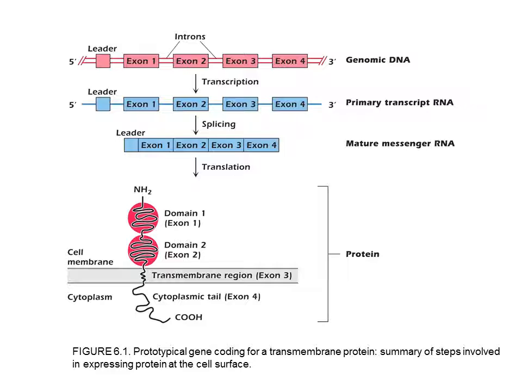Now, you know the basis of genetics, that when a gene is transcribed into RNA, the entire stretch of DNA, exons plus introns, is transcribed into a primary RNA transcript. So you can see from here, there's a 3 end, there's a 5 end, and there's a transcription of exon 1, 2, 3, and 4. So they are being transcribed into the primary transcript RNA.